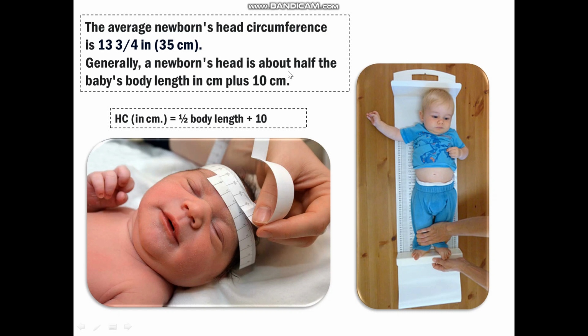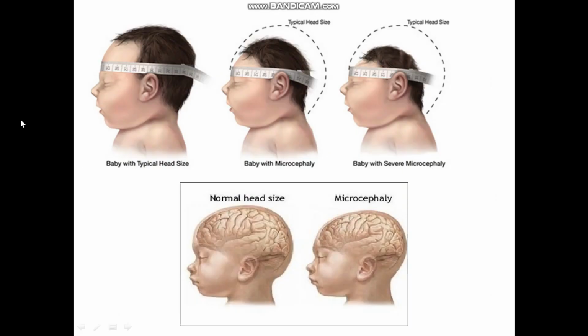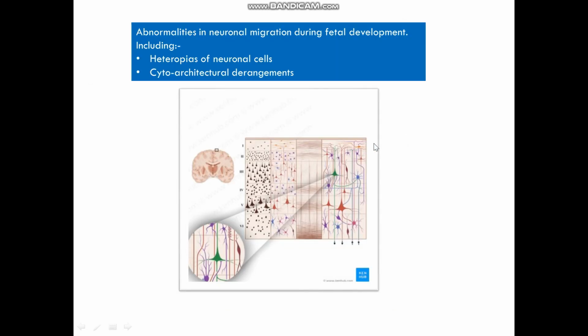Generally, a newborn's head circumference is about half the baby's body length in centimeters plus 10 centimeters. So, if we divide the baby's body length by 2 and add 10 centimeters, this will give us the head circumference in centimeters roughly. So, this is a normal baby head size, this is microcephaly, and this is severe microcephaly.